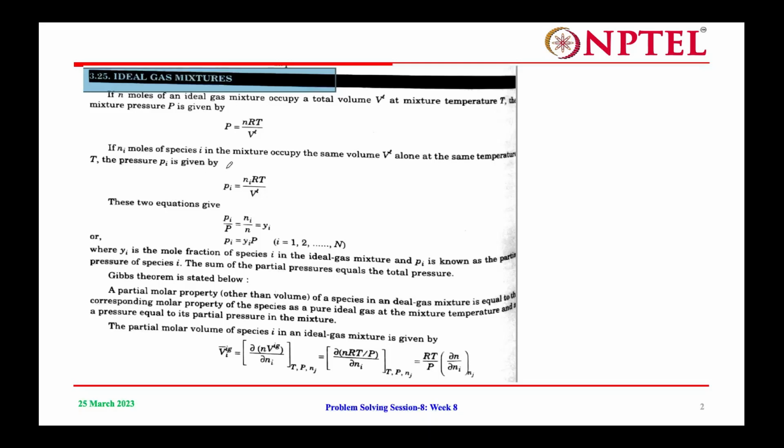And if Ni moles of species i in the mixture occupy the same volume Vt alone at the same temperature, the pressure Pi for the species is Pi = NiRT/Vt. Using the two equations, Pi/P = Ni/N = yi, the mole fraction. So Pi is the partial pressure and P is the total pressure.